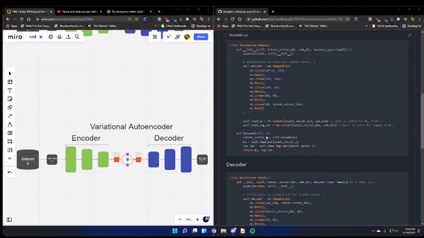So to reiterate what I said, the encoder outputs the latent vector z, and then we decompose these into mu and sigma. I use log variance just to make sure that our variance is greater than 0.